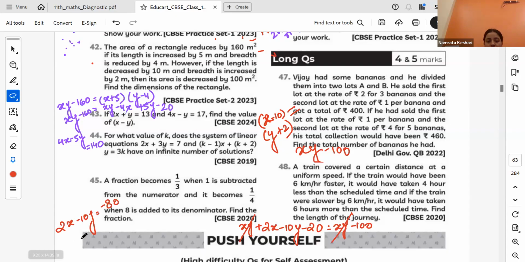That means, is it this one? Is it this one, Ritvika? x minus 5y is equal to minus 40? No? No, ma'am. Yes, Ryan, what did you get?